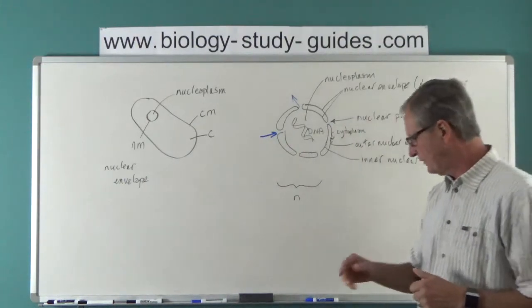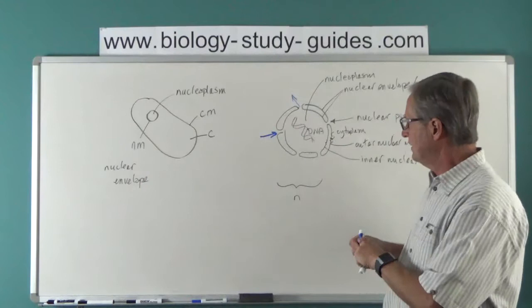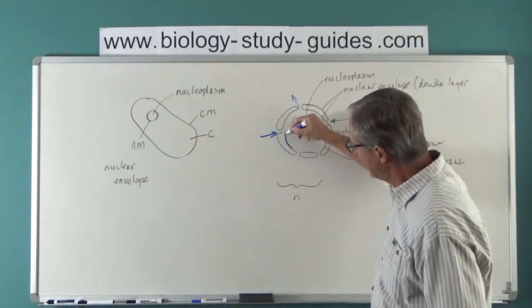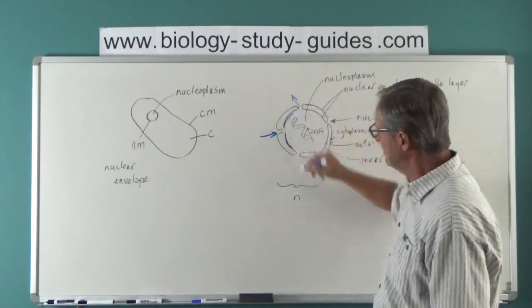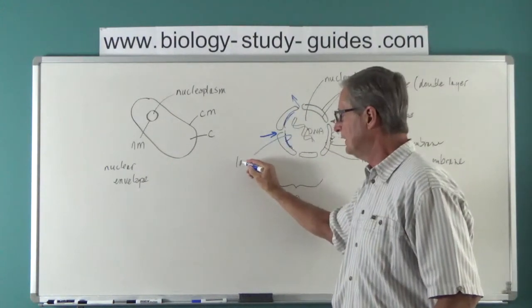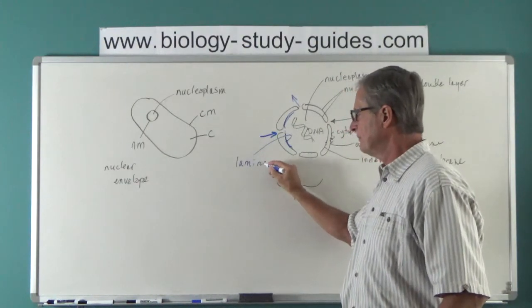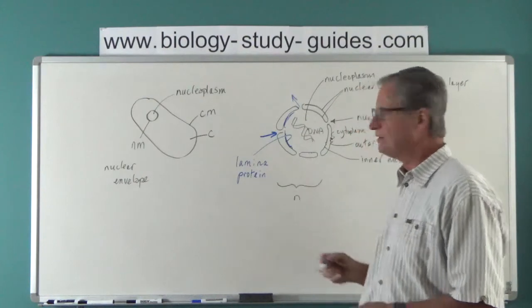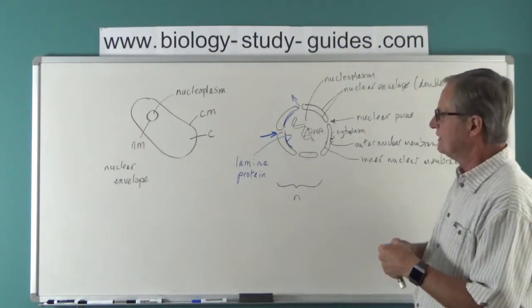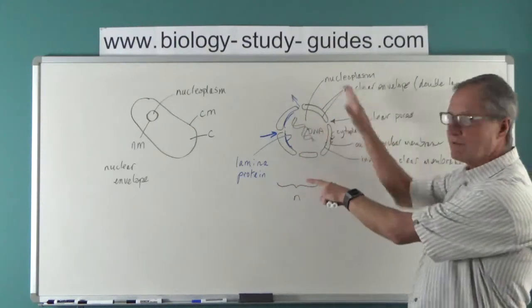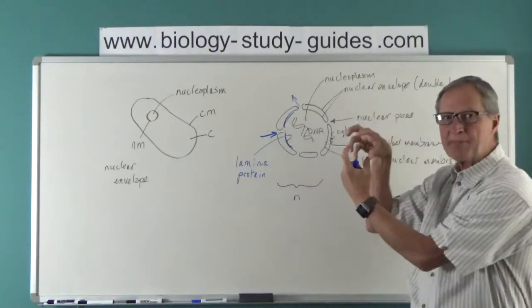I'll mention another thing here. It's a little bit interesting. This inner membrane is actually lined with a certain type of protein which is not on the outside. This protein is called a lamina protein. Lamina is a word that means layer, so it just layers the inside of it. What the lamina protein does is it keeps the integrity of the nucleus. Otherwise it could collapse or something like that.